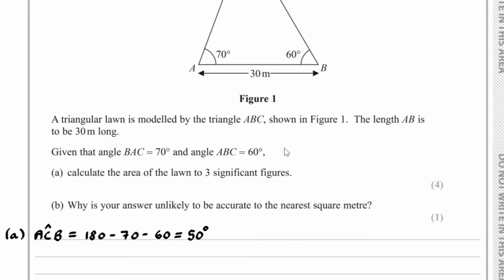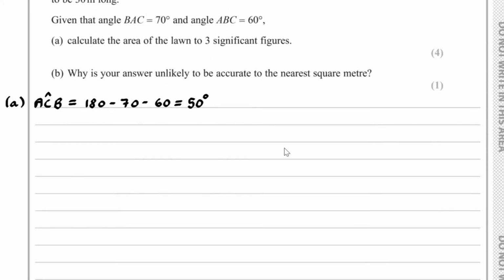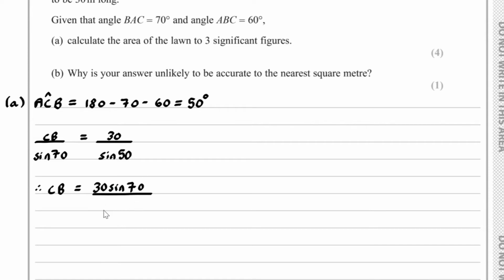And so if we were to use the sine rule, we have CB over the sine of 70 equals 30 over the sine of 50, and therefore CB will equal 30 sine 70 divided by sine 50.